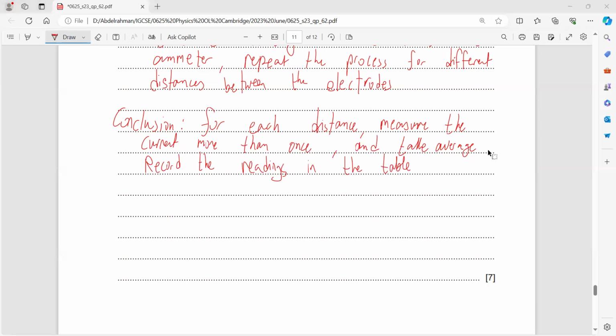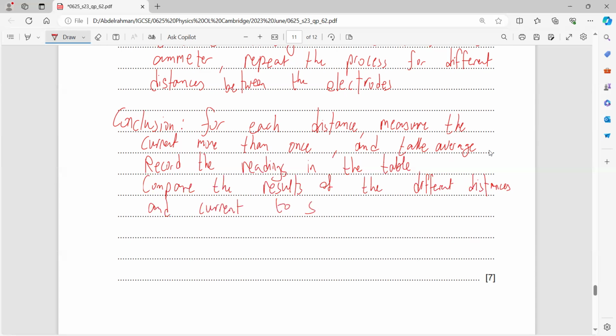I have to compare the results of the different distances and current, to see, for example, if there is any effect.